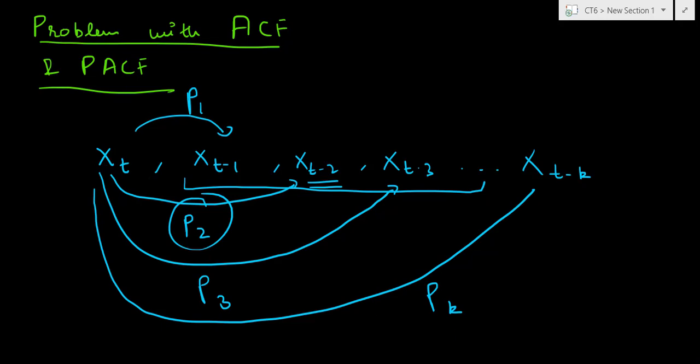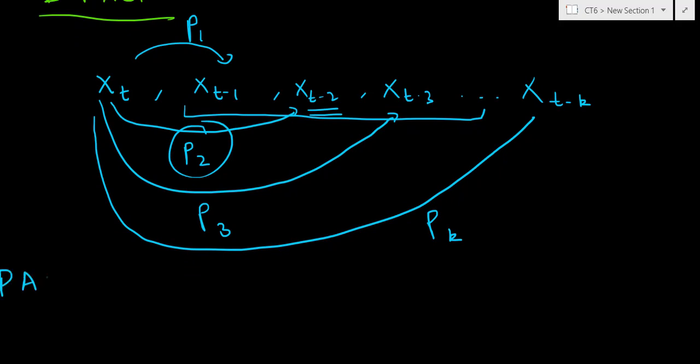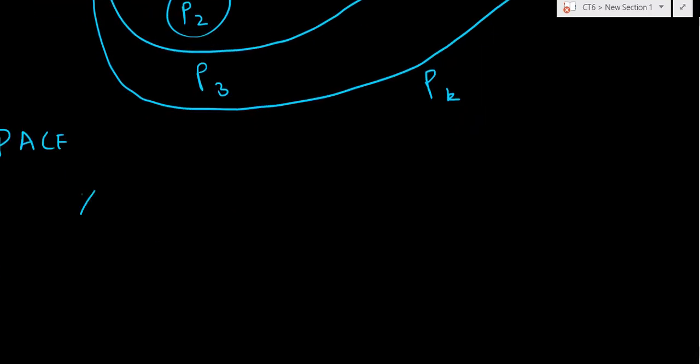To eliminate this problem, the solution is the partial autocorrelation function, which is basically the relationship between xt and xt minus k given all the intermediate terms.